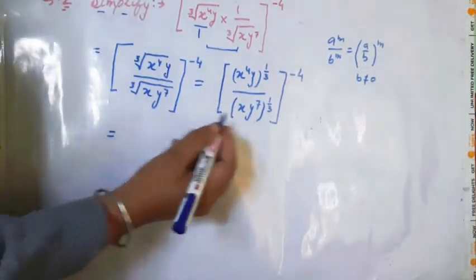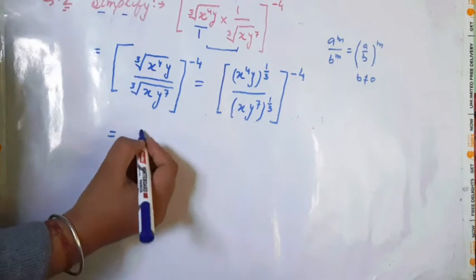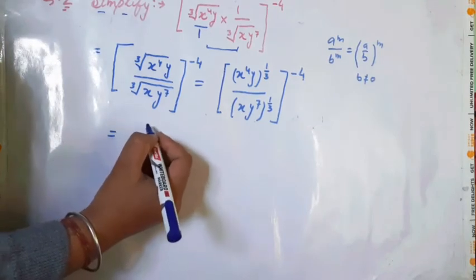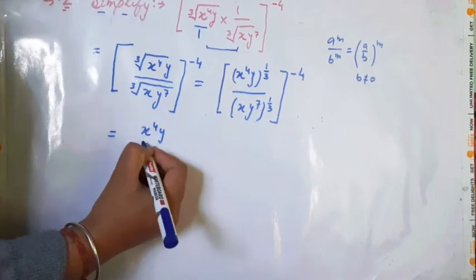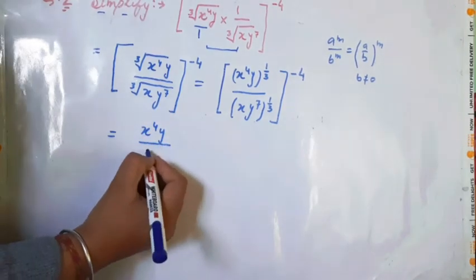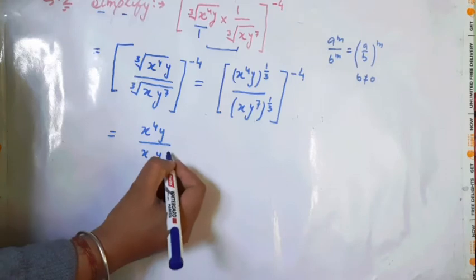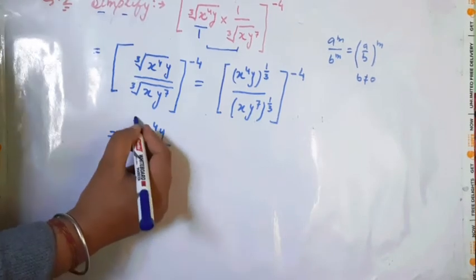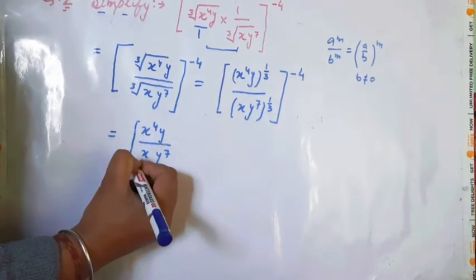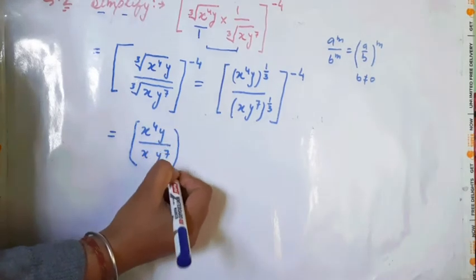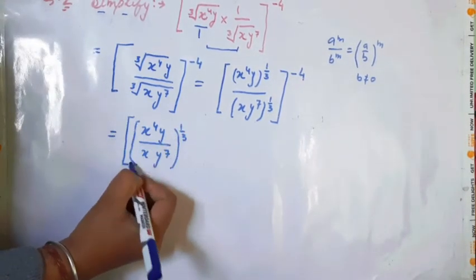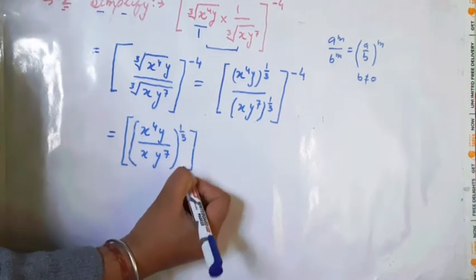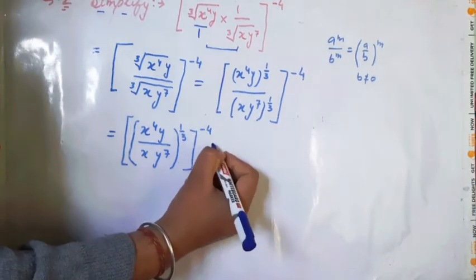Then, here b is not equal to 0, means we can take the power common. So this will become (x raised to power 4 y whole upon xy raised to power 7) and whole raised to power, we have 1 upon 3 which we took common, then whole power minus 4, still I am writing as it is.